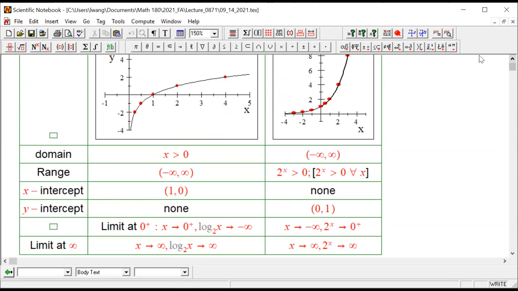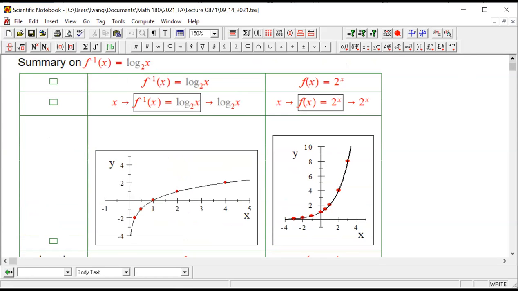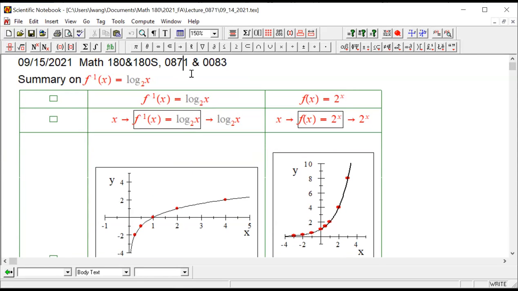I want to address this property, the summary on f and f inverse. So let me do it anyway, because even if you understand 80%, 90% of it, you can always come back to it.